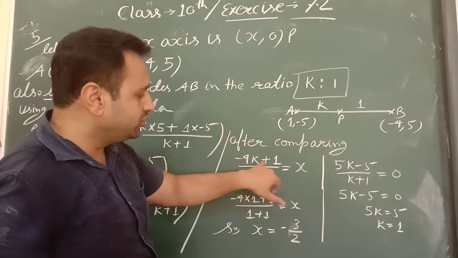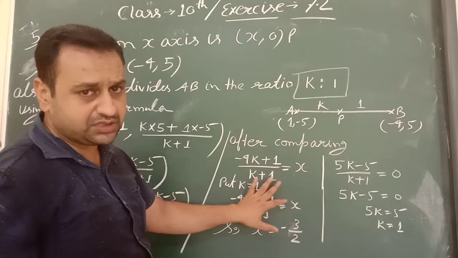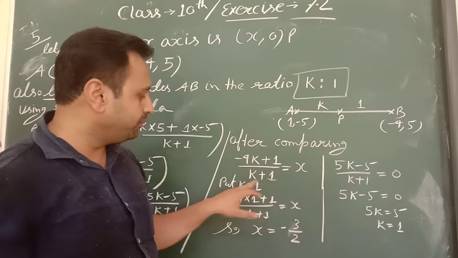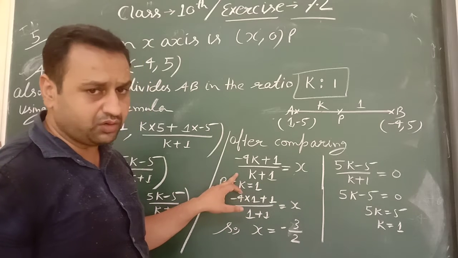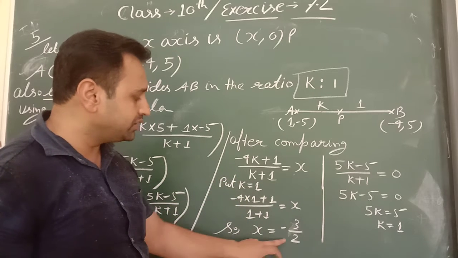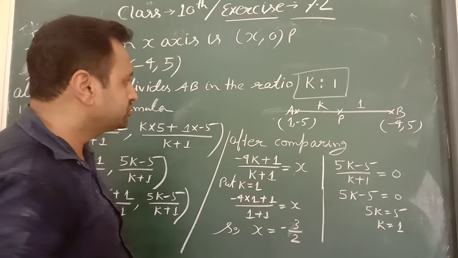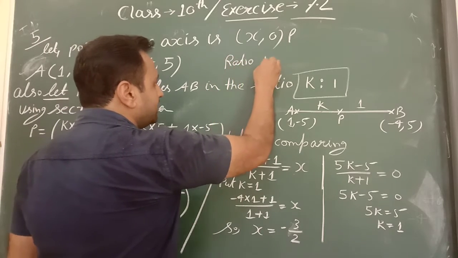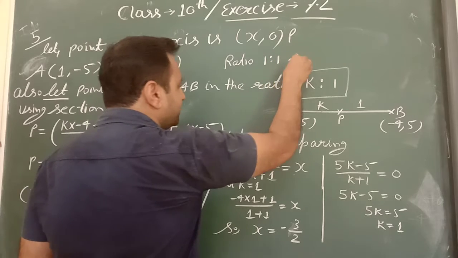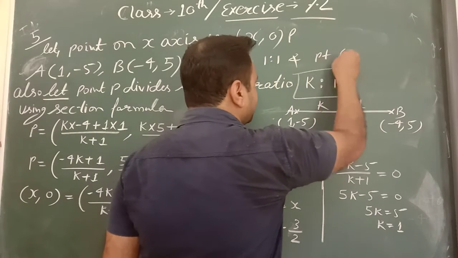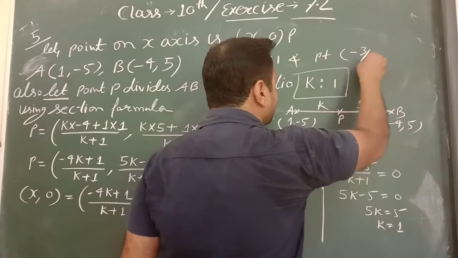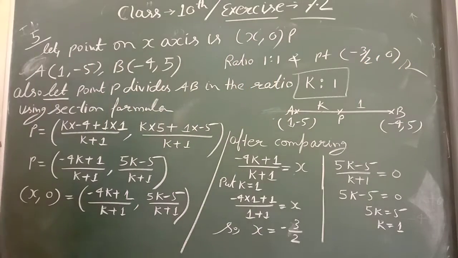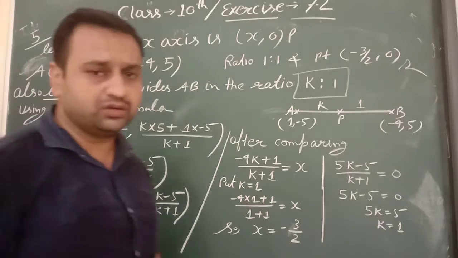Because there are two unknowns, we just stop there and calculate: K equal to 1. Now put K equal to 1 in the expression, and we find x equal to -3/2. So the required ratio is 1:1, and the required point is (-3/2, 0). It's our answer. I hope you understood. Note down it.